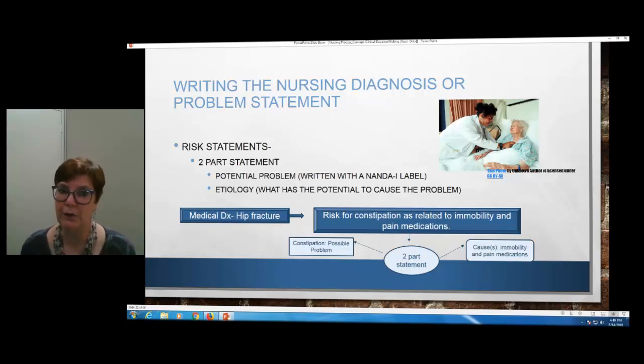So there we have our two-part diagnostic statement. Constipation is the possible problem, that's the risk, and then our cause is immobility and pain medications. So for risk statements, you only need two parts when you're writing your nursing problem statement or your nursing diagnosis.